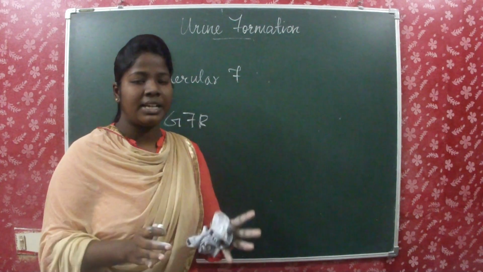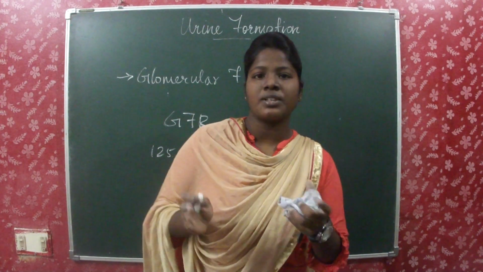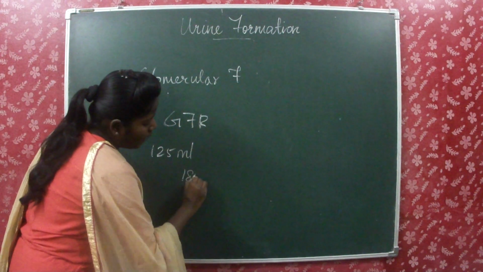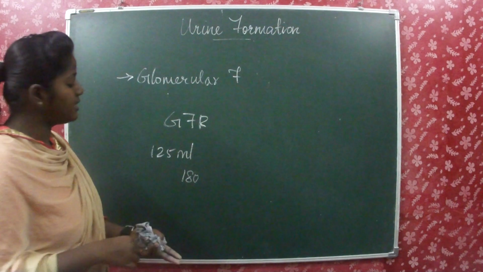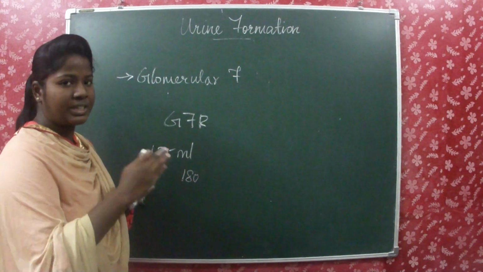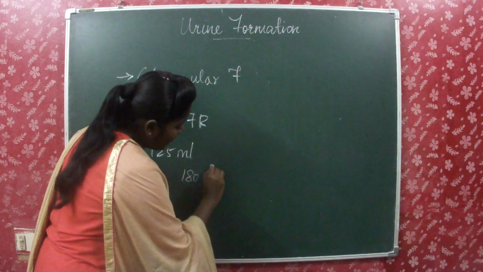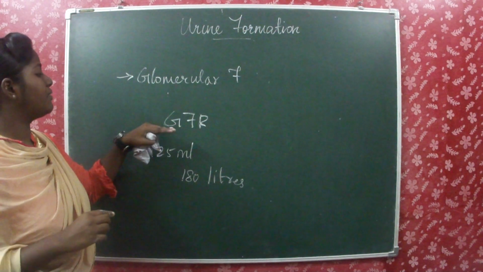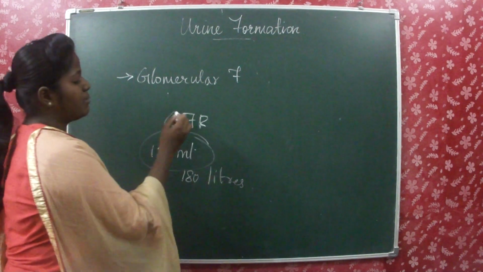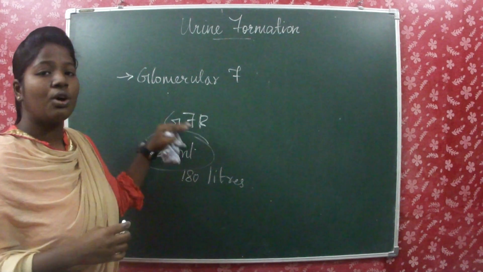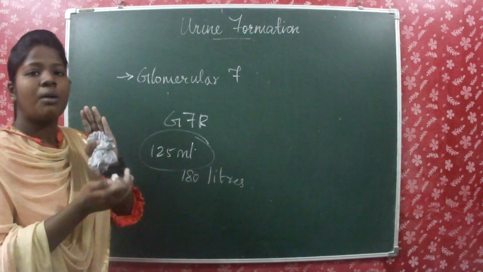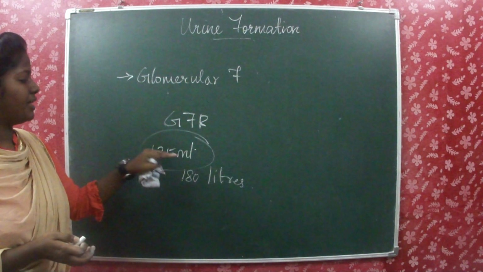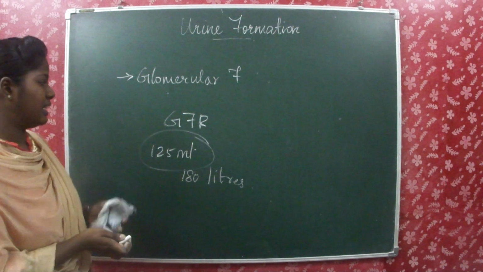A normal healthy human forms about 125 ml of filtrate per minute, which for 1 day is 180 liters. So 125 ml per minute is taken as the glomerular filtration rate, GFR.